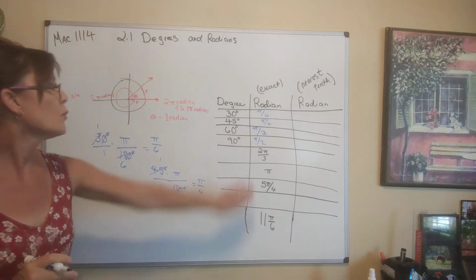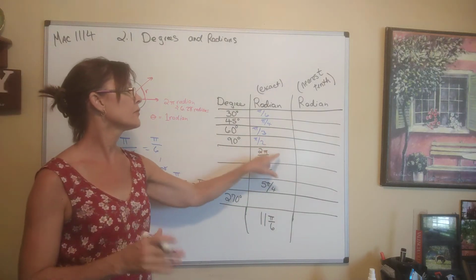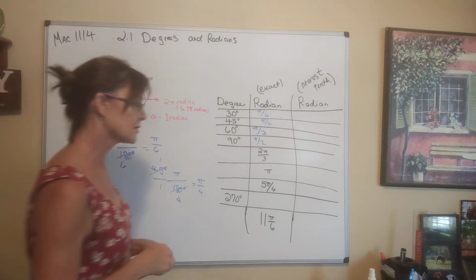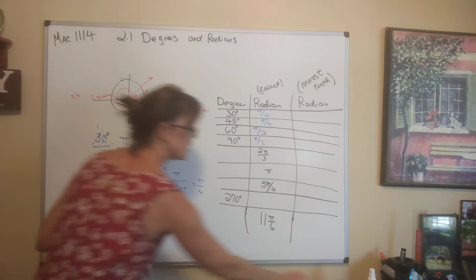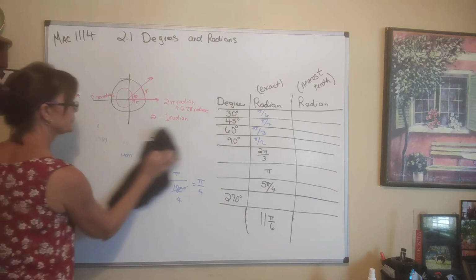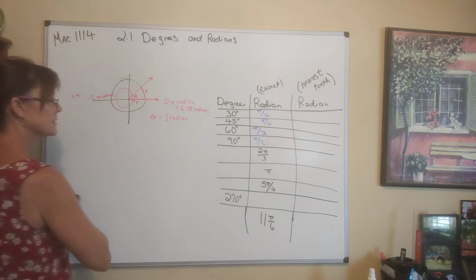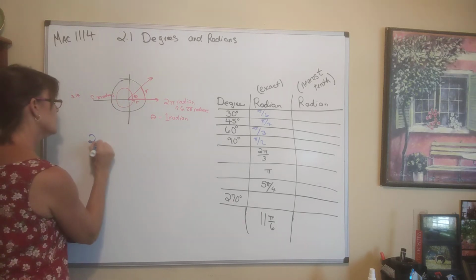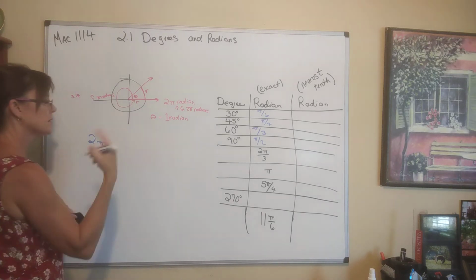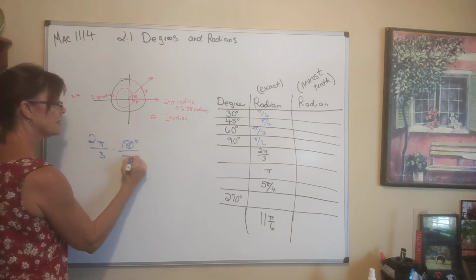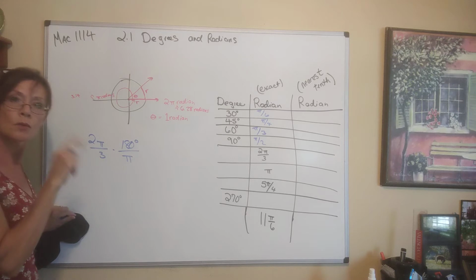All right, if we're going to go backwards and we have 2 pi over 3 and we need to convert this into degrees, then it goes like this. To convert to degrees, you multiply by 180 degrees divided by pi. So this time we see what's going to cancel.